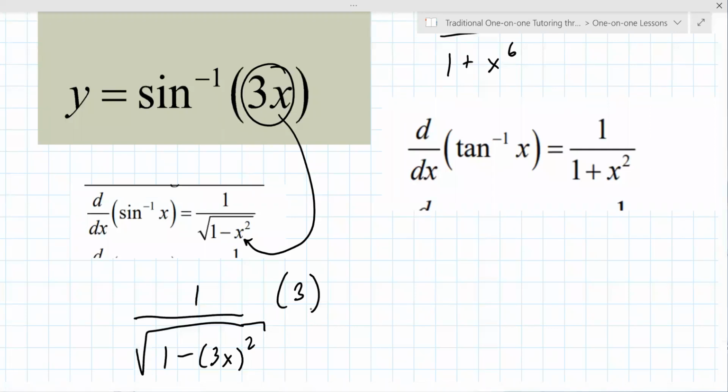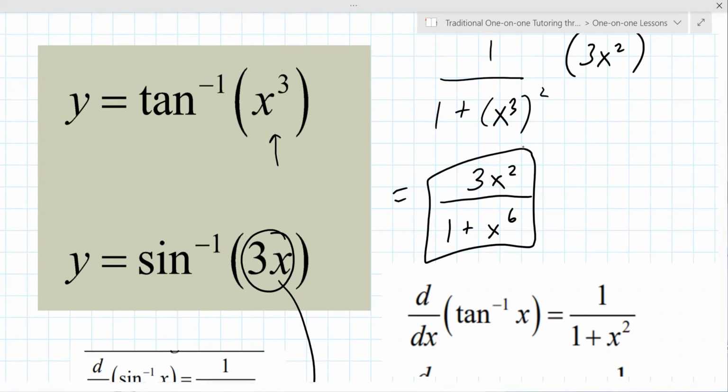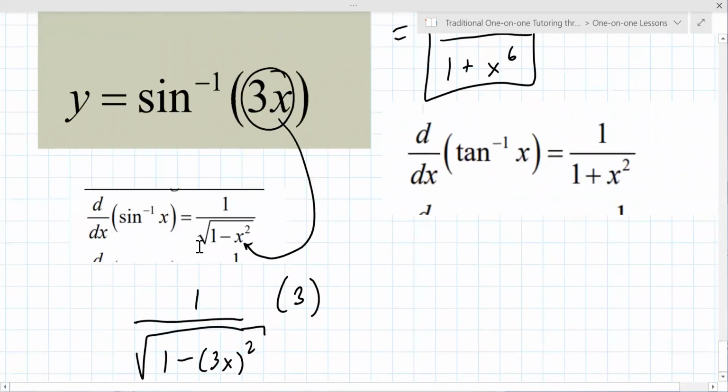Wait, so your final answer for, sorry, the tangent one? Yep, this is your final. Okay, and then the sine one, so then it's 1 over root 1 minus x squared.